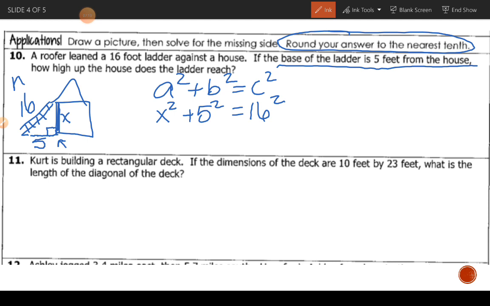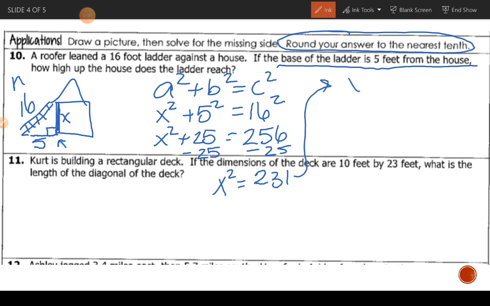And then we go ahead and do our math. 5 squared is 25, and 16 squared is 256. So I'm going to subtract 25 from both sides, and I get x squared is equal to 231.